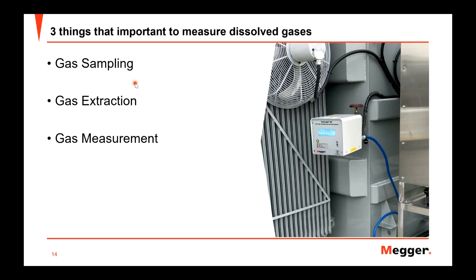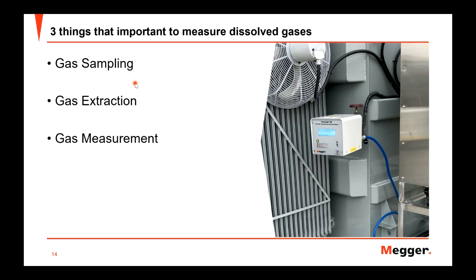Gas extraction, of course, normally when you sample the oil from your transformer, you need to extract the gas out of that oil, and the process or method to extract the gas is very important to the accuracy. If your extraction is not good enough, that means you cannot get every gas out of your sample oil. The last is the measurement of the gases.